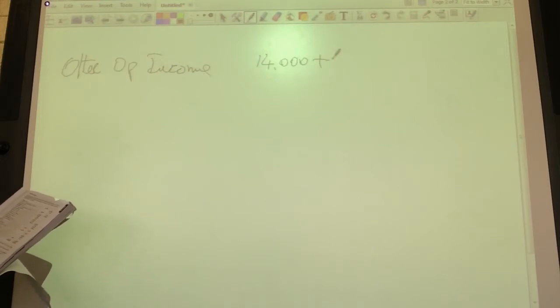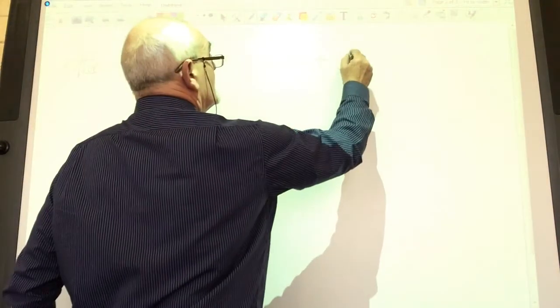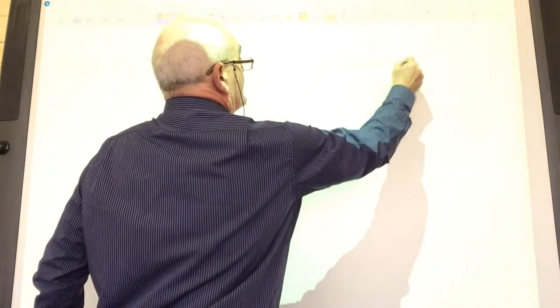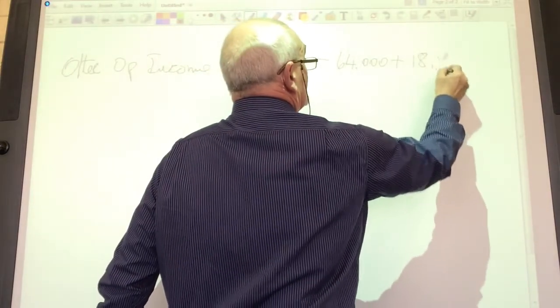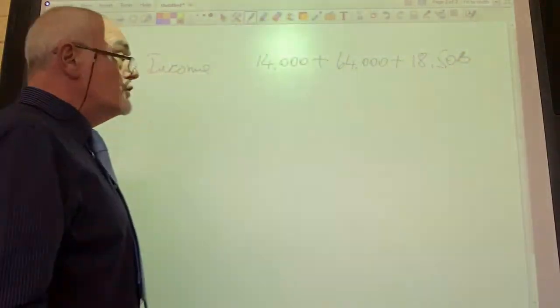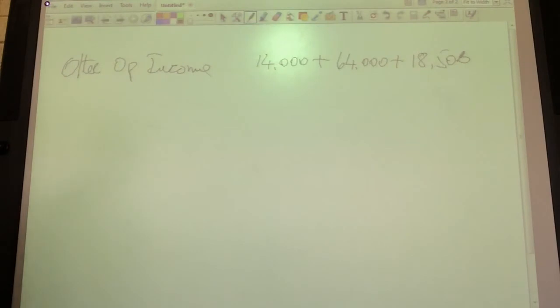So our rental income will be 64,000. And we've got that discount received of 18,500 that we've removed from the admin expenses. So that gives us our other operating income. So we're set up here now to do our published trading and profit and loss account.